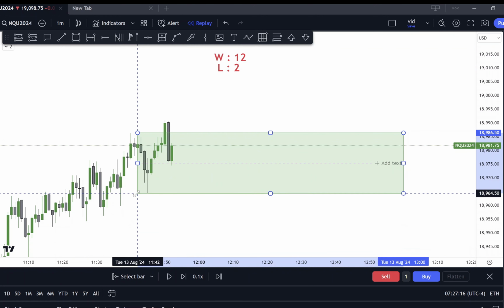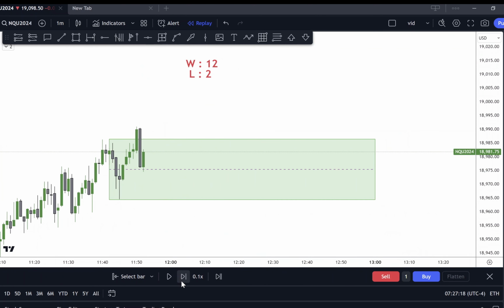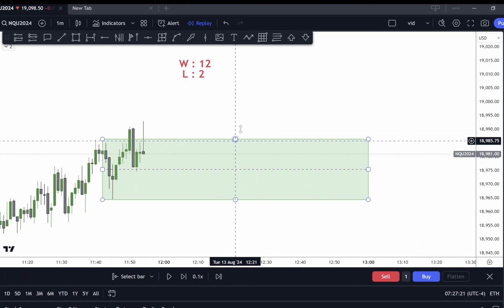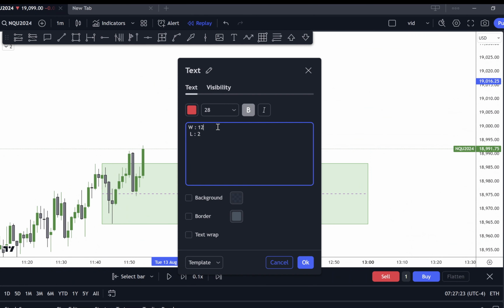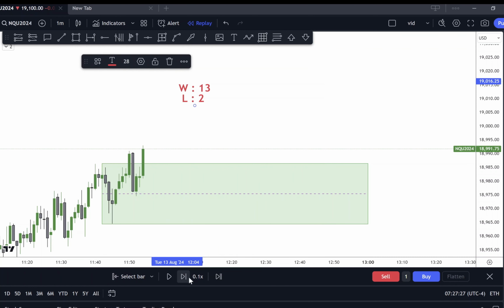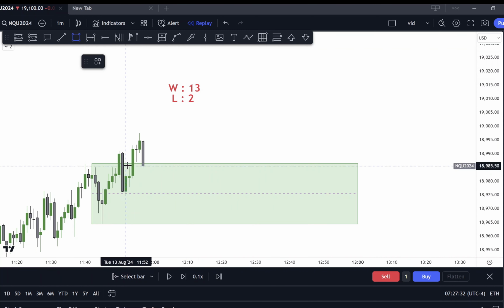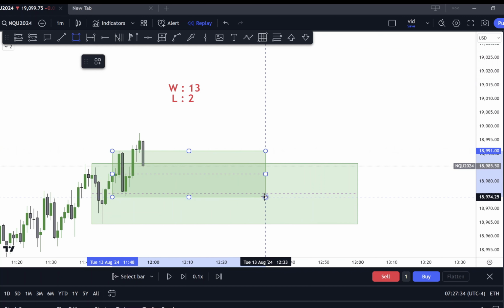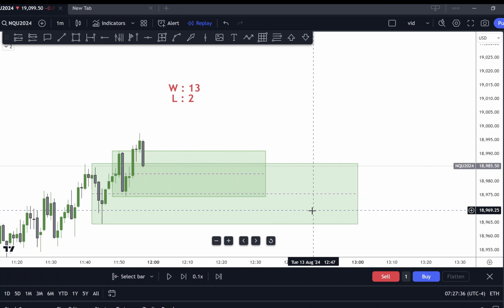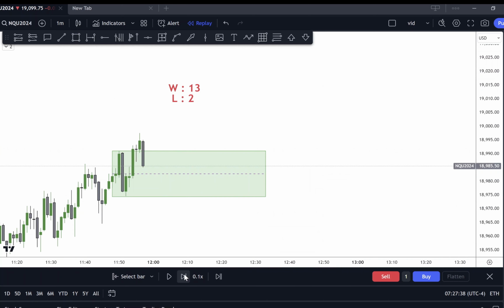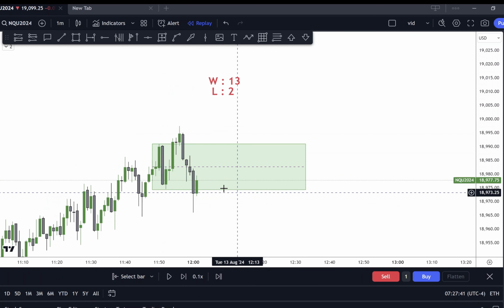Okay, and another win. We created this new zone. And this was the loss.